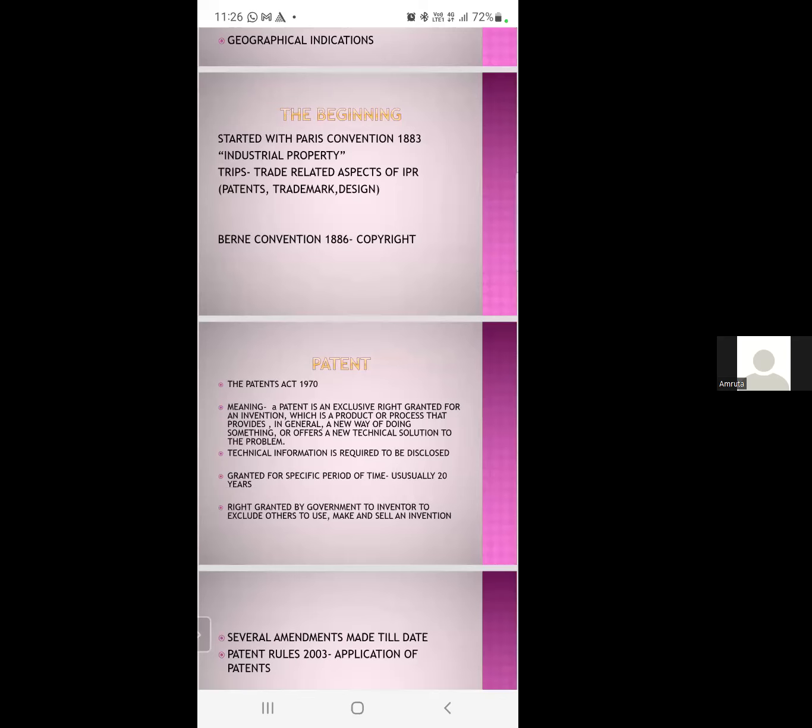So they are all inclusive; there are substantive plus procedural laws in intellectual property rights, and they are very exhaustive. If you start reading the patent law or copyright or trademark act, you will realize that everything is there.